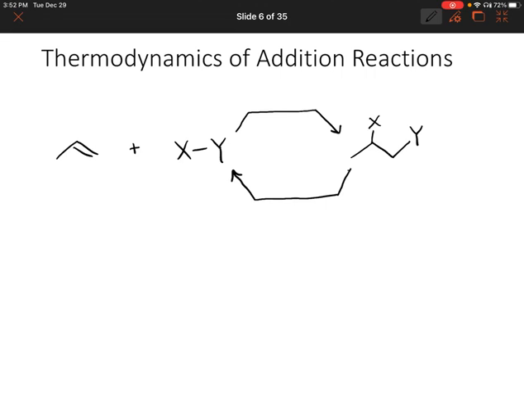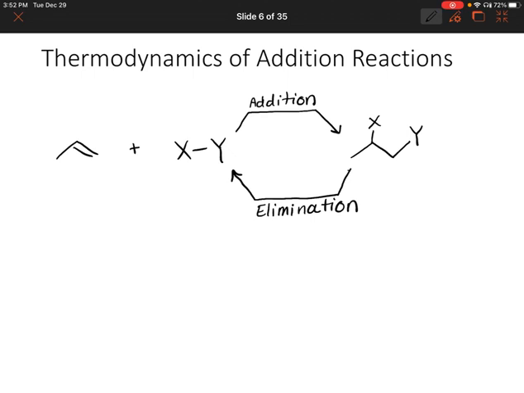So the forward reaction we already said was an addition reaction. And if we go in the reverse direction, we're taking an alkane, turning it into an alkene. So that's our elimination reaction. So you could reverse an addition reaction or reverse an elimination reaction, whichever way you want to go.